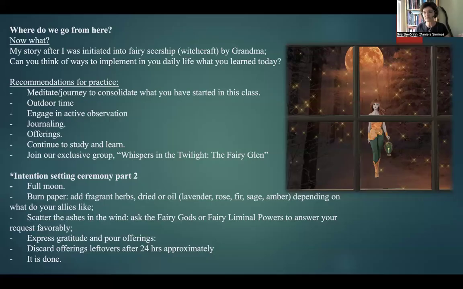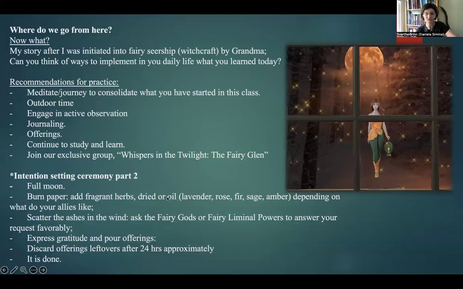It is believed that fairies will take whatever energy serves them, the food in energetic form, and then leave behind what doesn't serve them. And it is done.